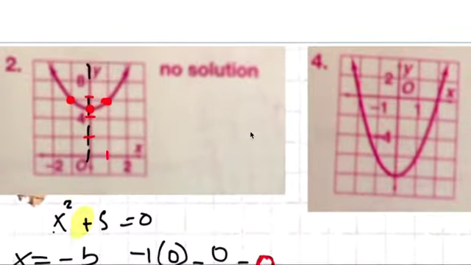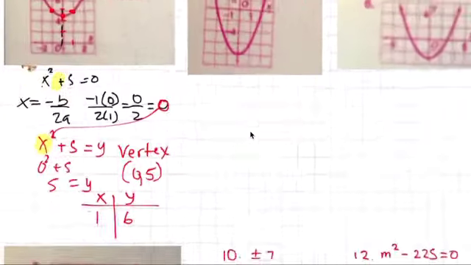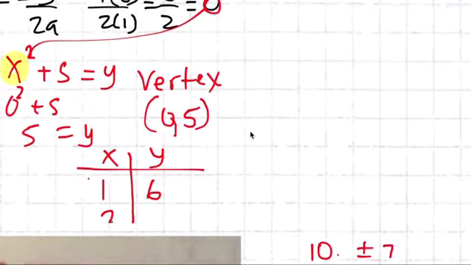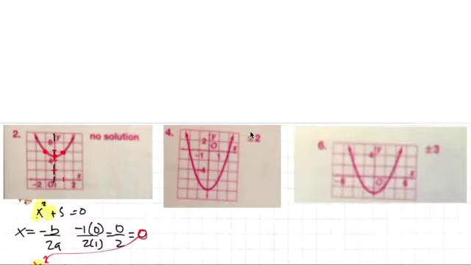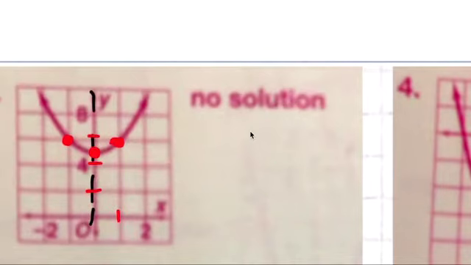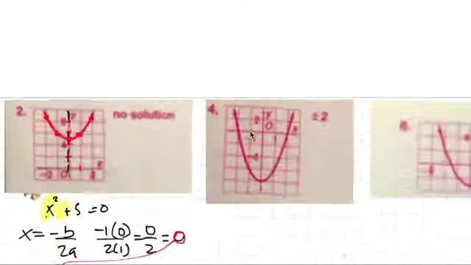And you do 2, same thing, right? X is 2, so 2 squared plus 5, that makes it 9. 2, 9. And on the other side, and you have your parabola like that.